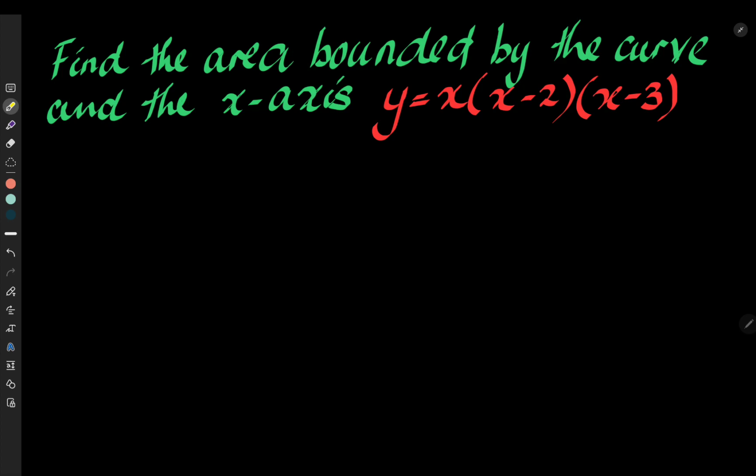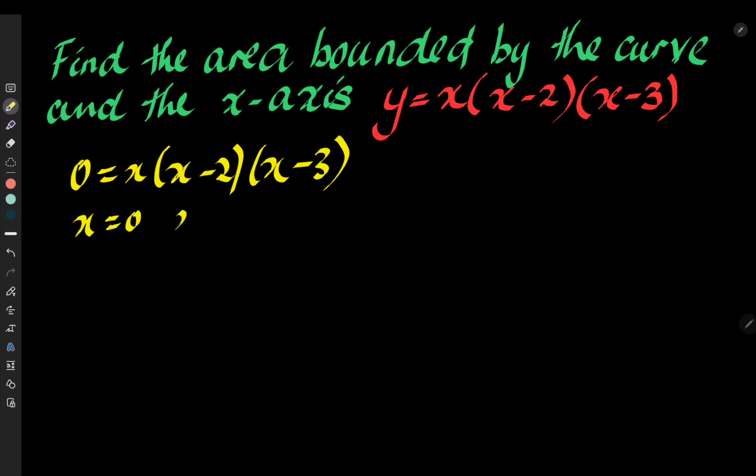Remember, to determine the x-intercept, we let y equal to 0. So 0 is equal to x(x minus 2)(x minus 3). Therefore, x is equal to 0, x is equal to 2 and x is equal to 3.